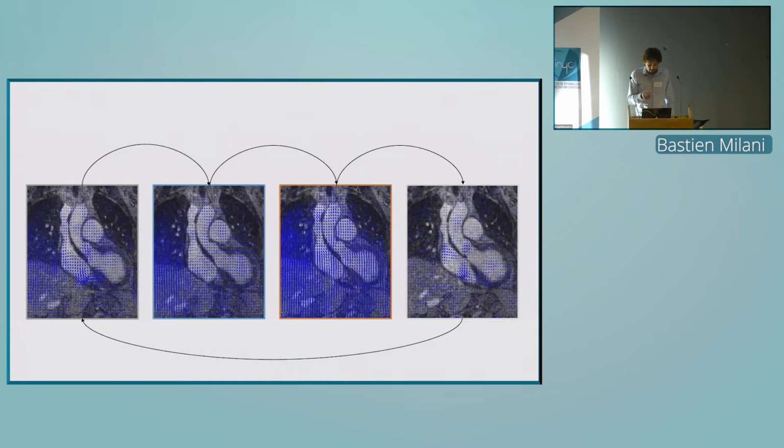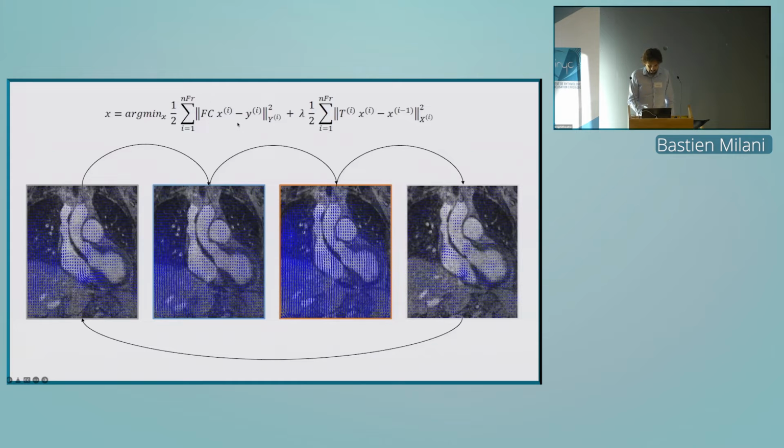We first did a Simba recon on each frame. Then we found the motion field between adjacent frames. So the motion field here that you see in blue is the one that maps this image onto that one. And once you have these motion fields, you can do a new recon that looks like that.